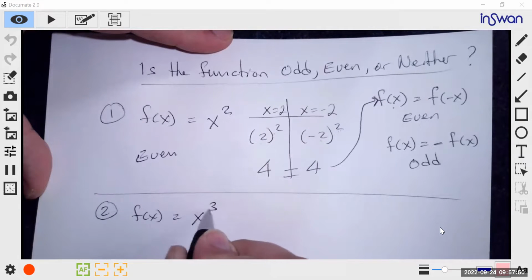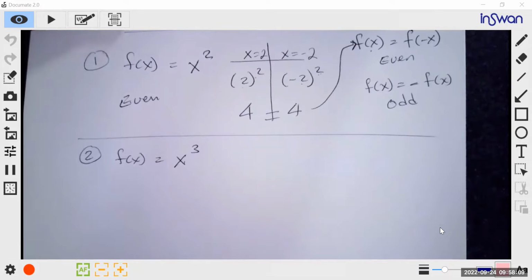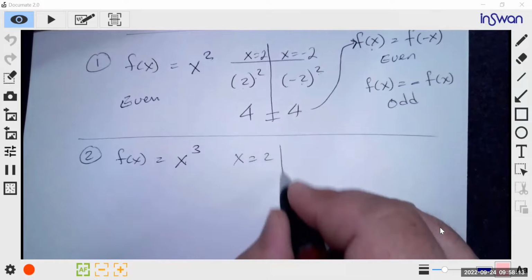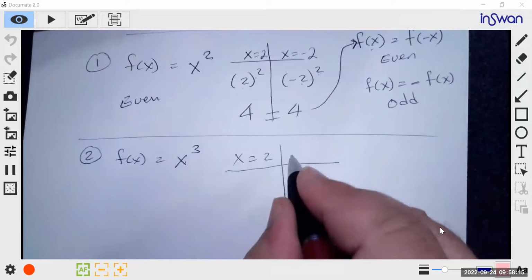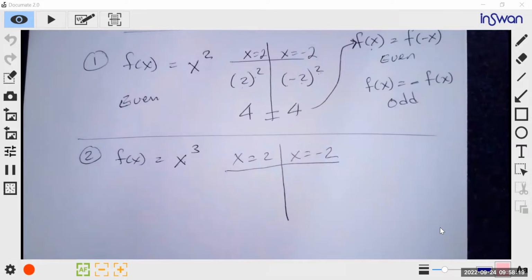How about x cubed? Is it odd, even, or neither? First thing you have to do is just pick a number and plug it in there, see what happens. Positive and negative, that number.